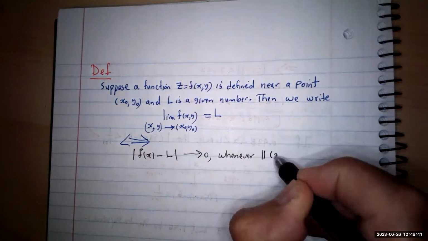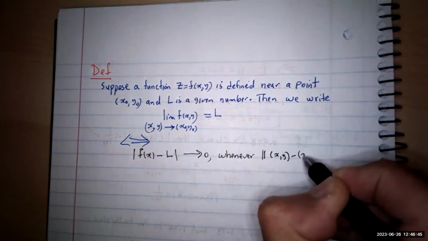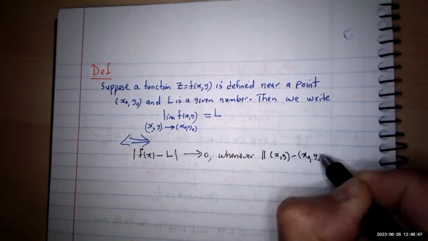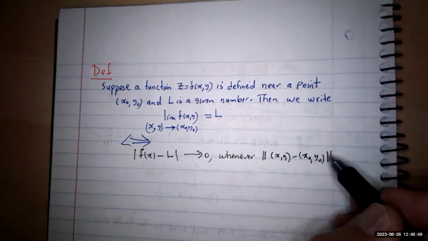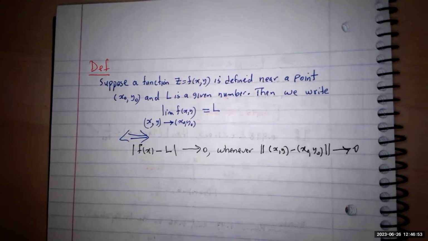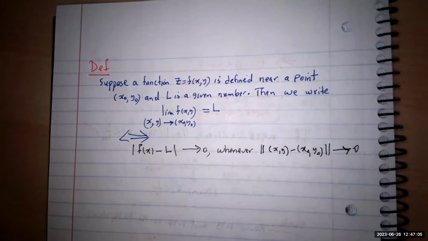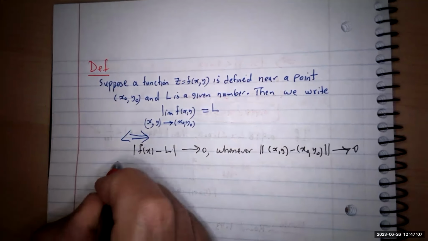If the norm of (x, y) minus (x0, y0) goes to 0. So exactly as we did it for the function of one variable. So when x and y get closer to x0, y0, then f of x, y gets closer and closer to L.